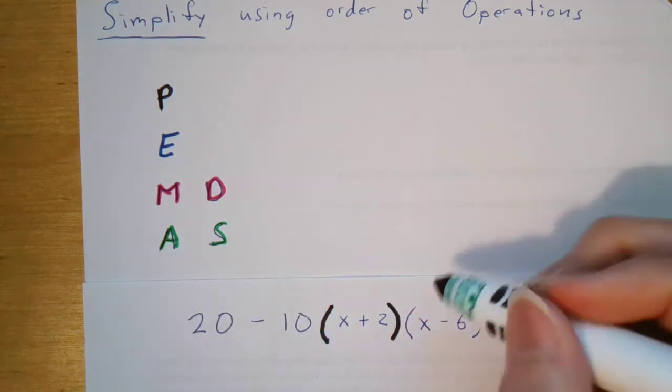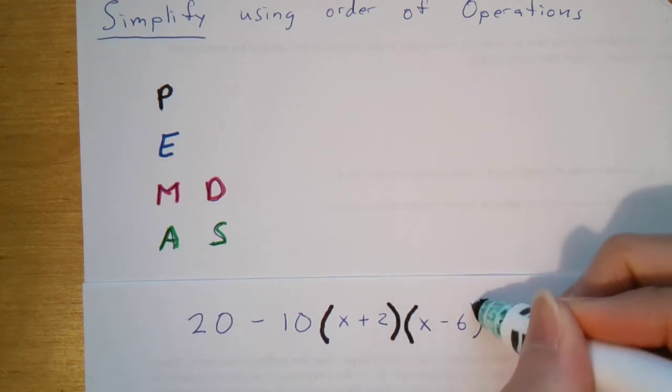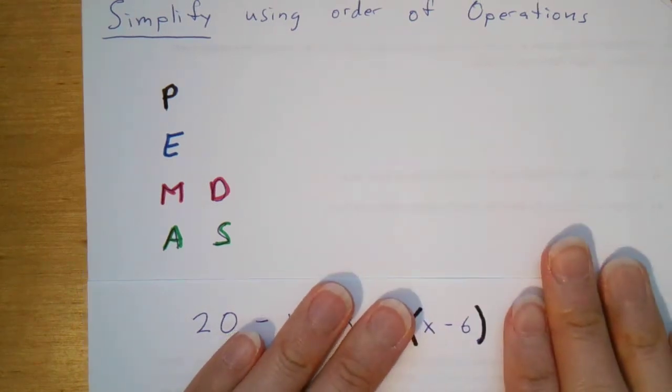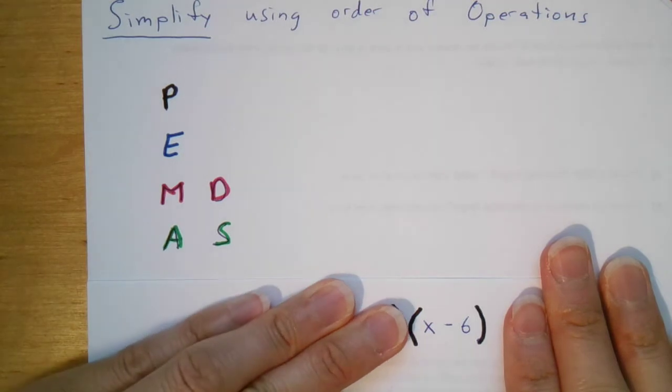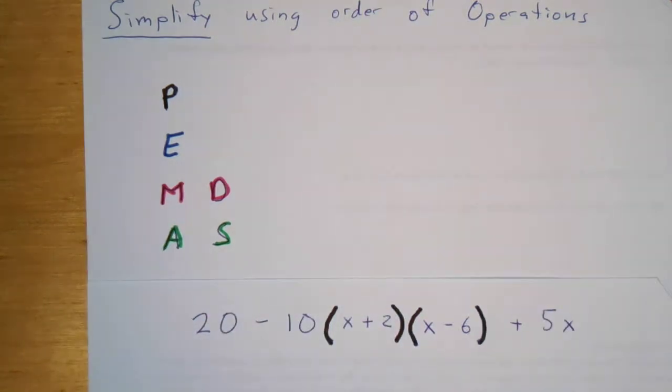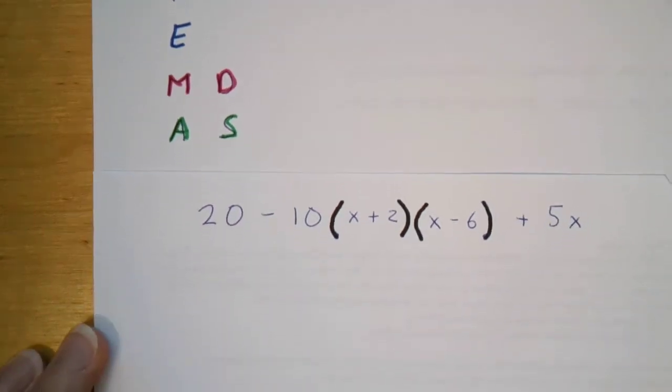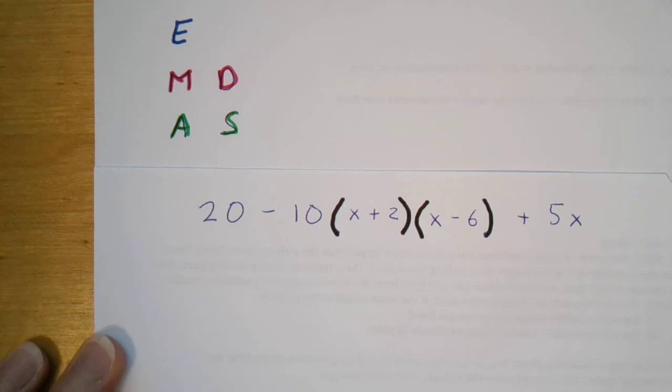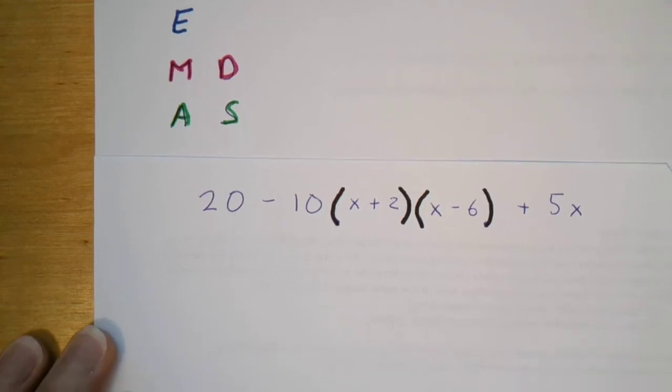Okay, I'll look at the other parentheses. I'm unable to simplify the x minus 6. Okay, next I'll go to exponents, but everything is exponent 1, so I cannot simplify by doing the exponents.